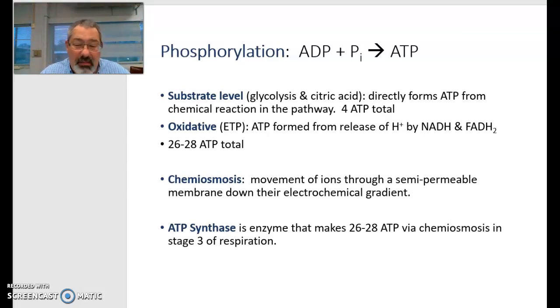That is ATP formed from the release of hydrogen atoms and electrons and the flow of hydrogen ions and electrons back and forth across the inner membrane. We refer to this movement of ions through the inner membrane as chemiosmosis. So the ions flow from the intermembrane space back to the matrix, and that generates energy called ATP.